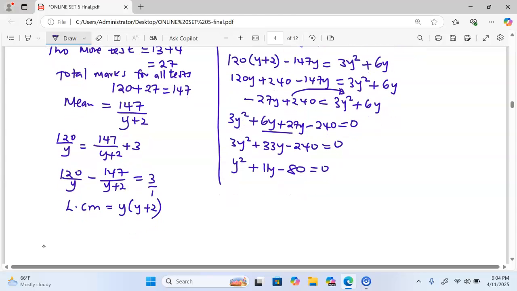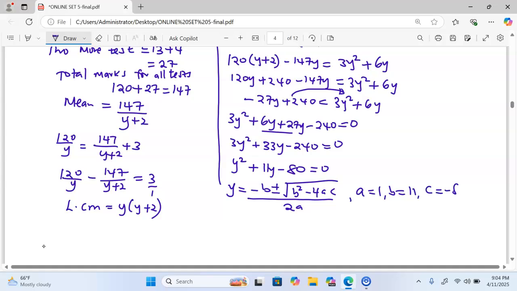We are going to use quadratic formula method to work out the value of y, and y will be equal to minus b plus or minus the square root of b squared minus 4ac, divided by 2a. Let us get the values of a, b, and c. The value of a is the coefficient of the y squared, which is 1. B is going to be 11, and c is negative 80.